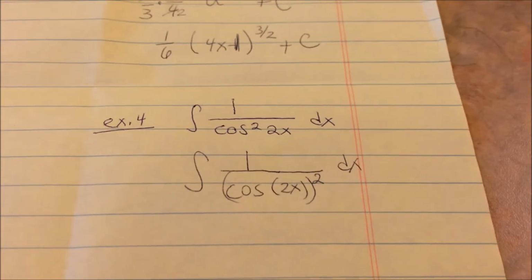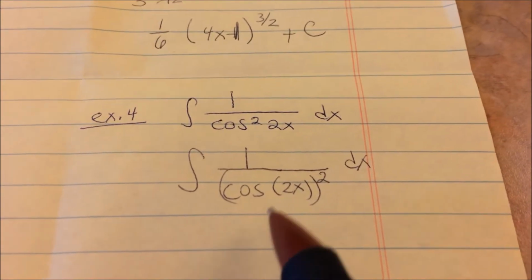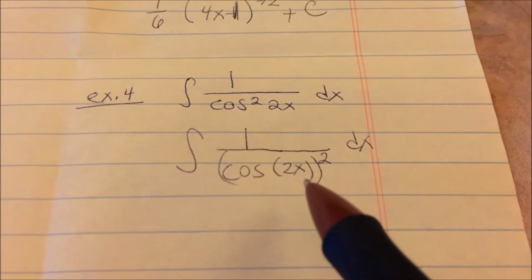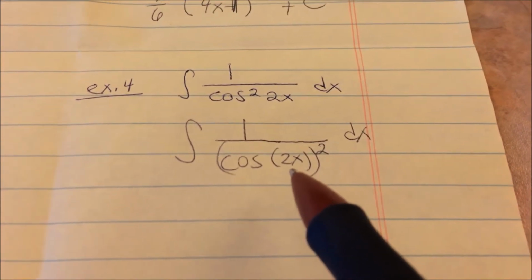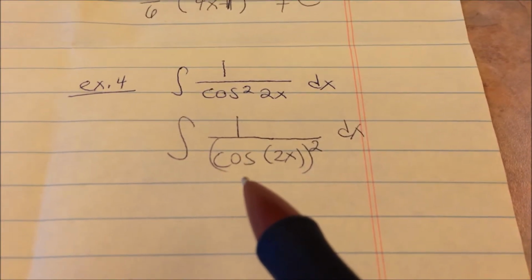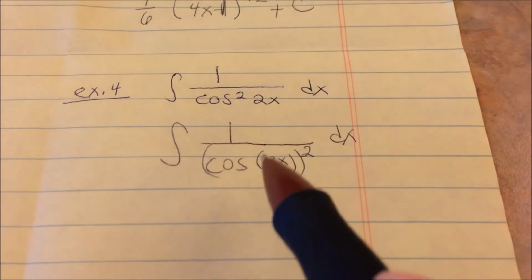Okay, now I have to choose again what is my u. As we did in previous example 3, we could choose all of this right here, but that's not a good idea because remember when you take the derivative of that, that's going to require chain, and then you're going to have an extra sine or something like that, which we don't want. And so then probably the best bet is this right here, that's your u.